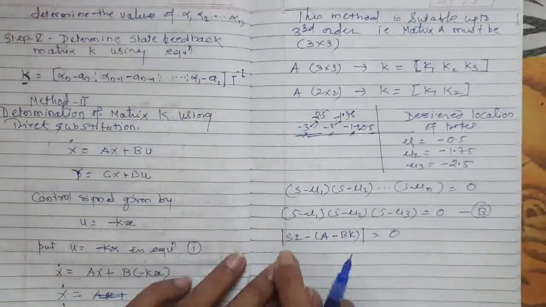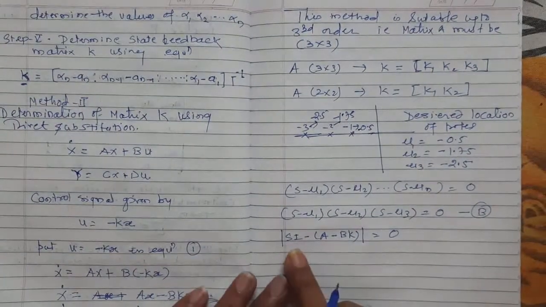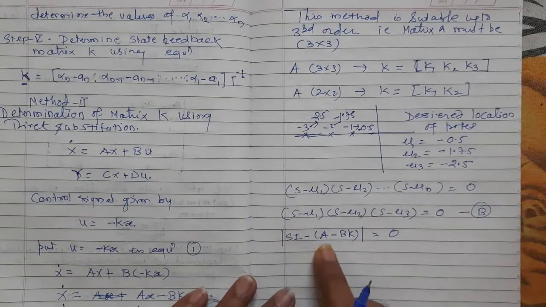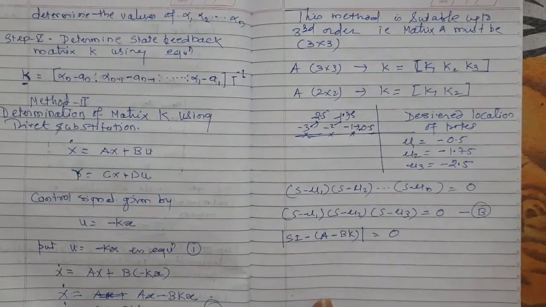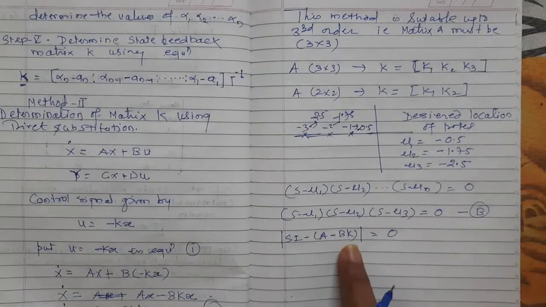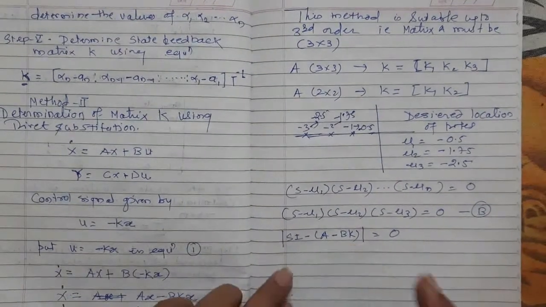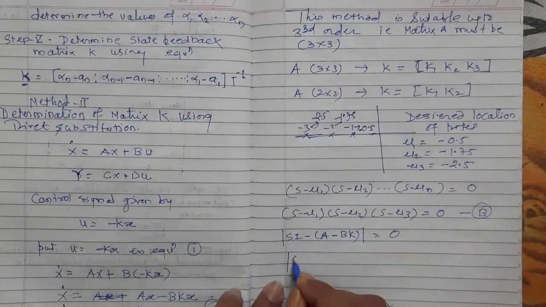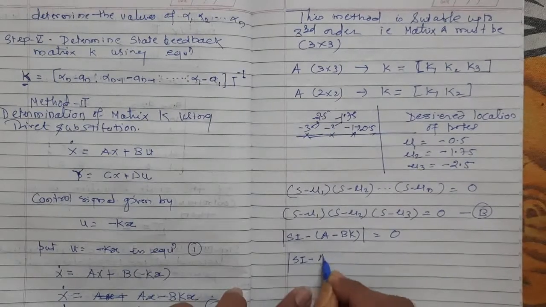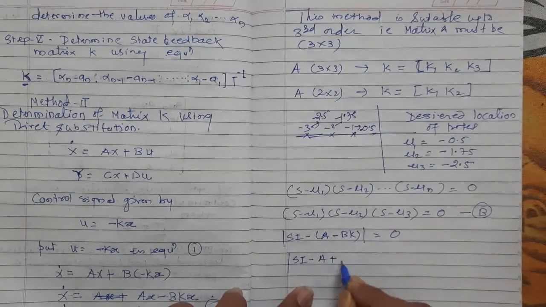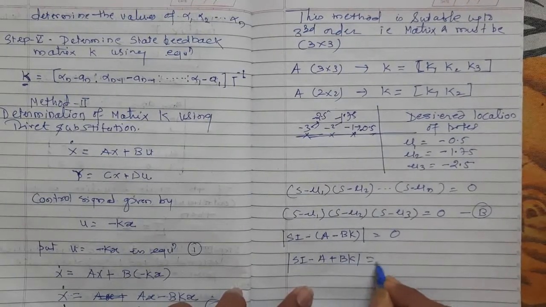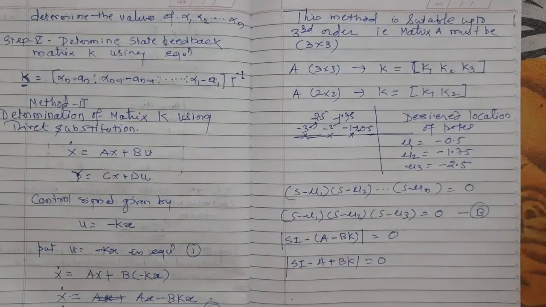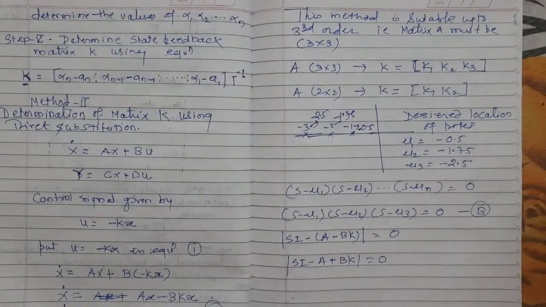This is generally how we find eigenvalues, s i minus a, but here what is there? A minus bk. So we will take a minus bk. Here we can write s i minus a plus bk equals 0.